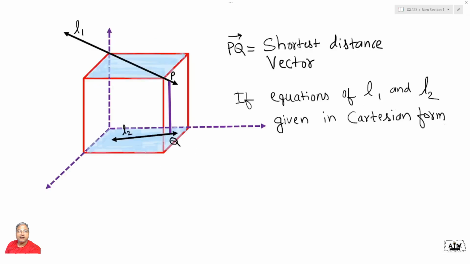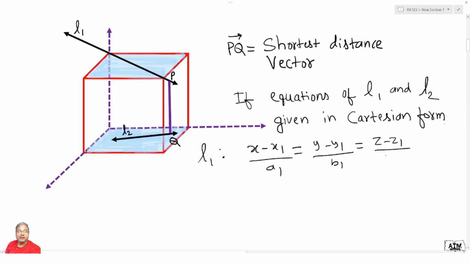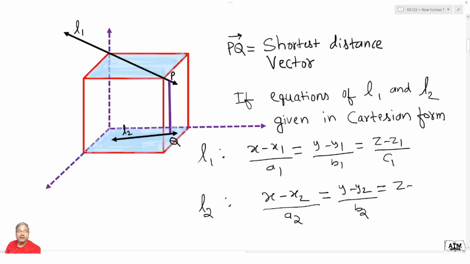If the equations of L1 and L2 of these two skew lines are given in Cartesian form, such as the equation of L1 given as x minus x1 upon a1 equals y minus y1 divided by b1 equals z minus z1 divided by c1, and similarly the equation of L2 given in the form x minus x2 divided by a2 equals y minus y2 divided by b2 equals z minus z2 divided by c2.